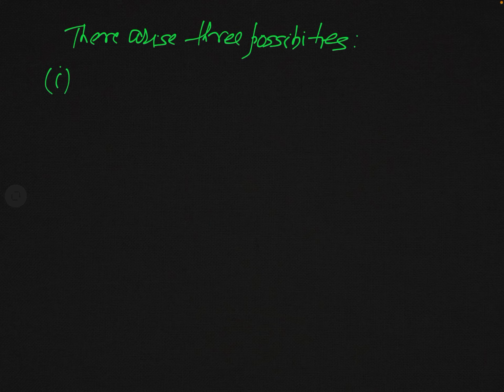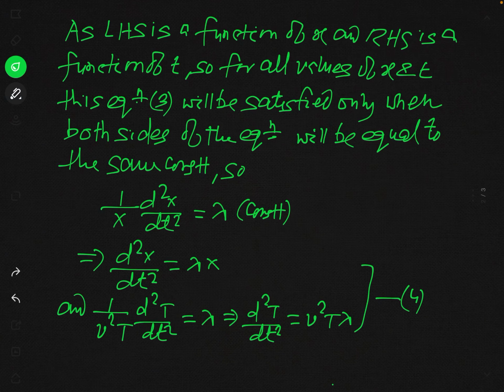So let us consider the first possibility. In first possibility, we consider that the separation constant is 0. So let us take lambda equal to 0. If lambda equal to 0 we assume, then what will be our equation 4 here? You can see we will set lambda equal to 0 in RHS in both equations of 4.